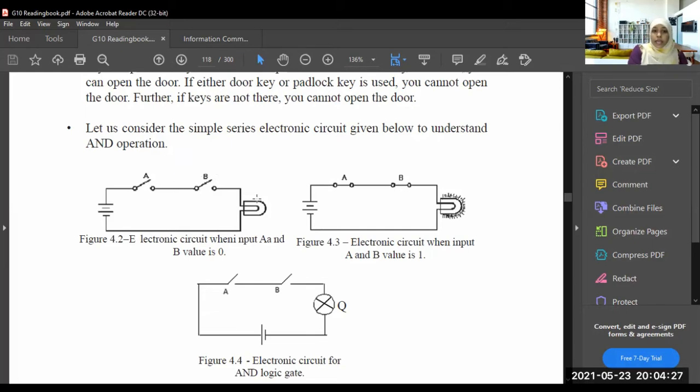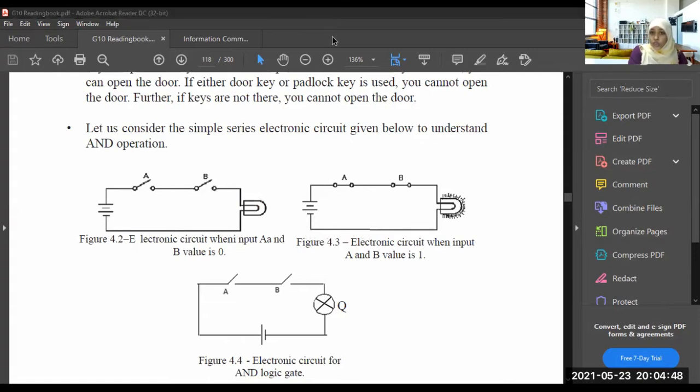If you want to light this bulb, then you should switch on both switches, isn't it? That means both switches should be on. Then only this light will be working.